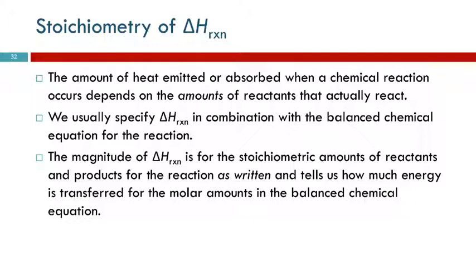So if it is written with a fraction, or with the coefficients not in the lowest form, you may note that it's not conventional, but whatever the equation is written as, that's what you go with. It's for the reaction as written, and for the molar amounts in the balanced chemical equation.